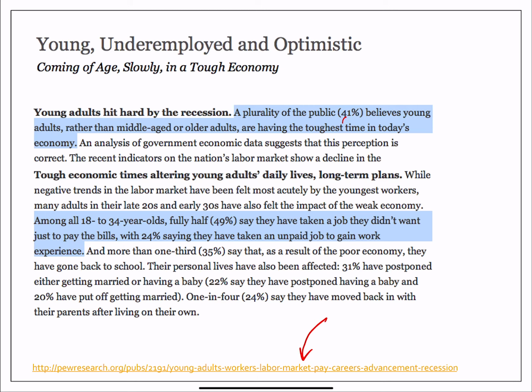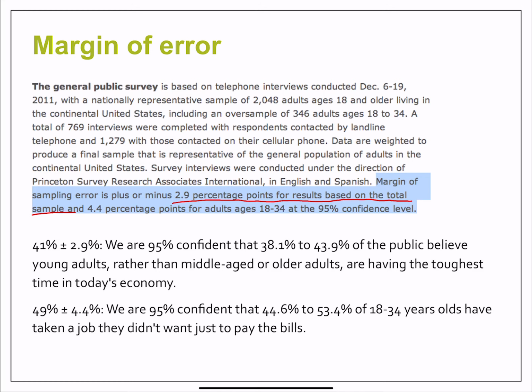So if we look back here, what was the information based on the total sample? Well, it said 41% of the public. That's the total, that's everybody, right? And that 2.9% margin of error means that we are at 41%, plus or minus 2.9%. Which means 41% is in the middle.